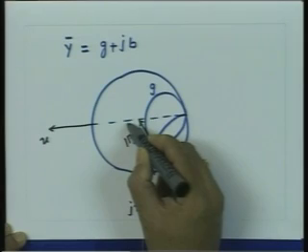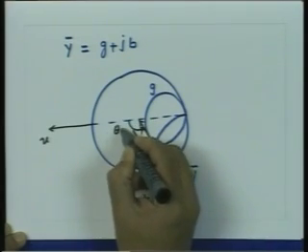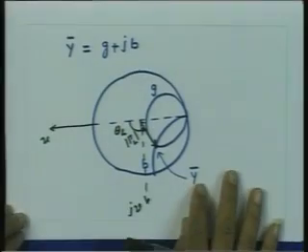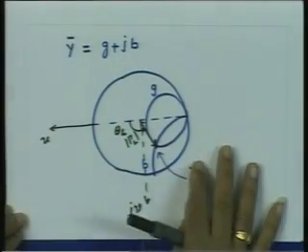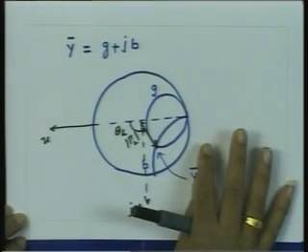So, this angle is angle theta L. So, keeping in mind whether we are using normalized impedances or normalized admittances, appropriate rotation of the coordinate axis has to be made on the Smith chart. But once you do that, then the calculation of the complex reflection coefficient is very straightforward.